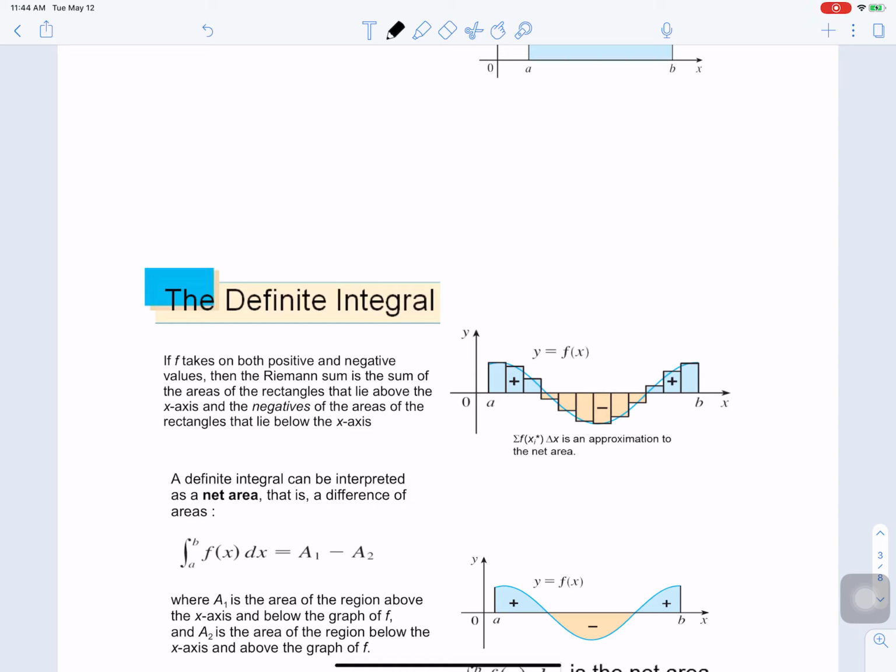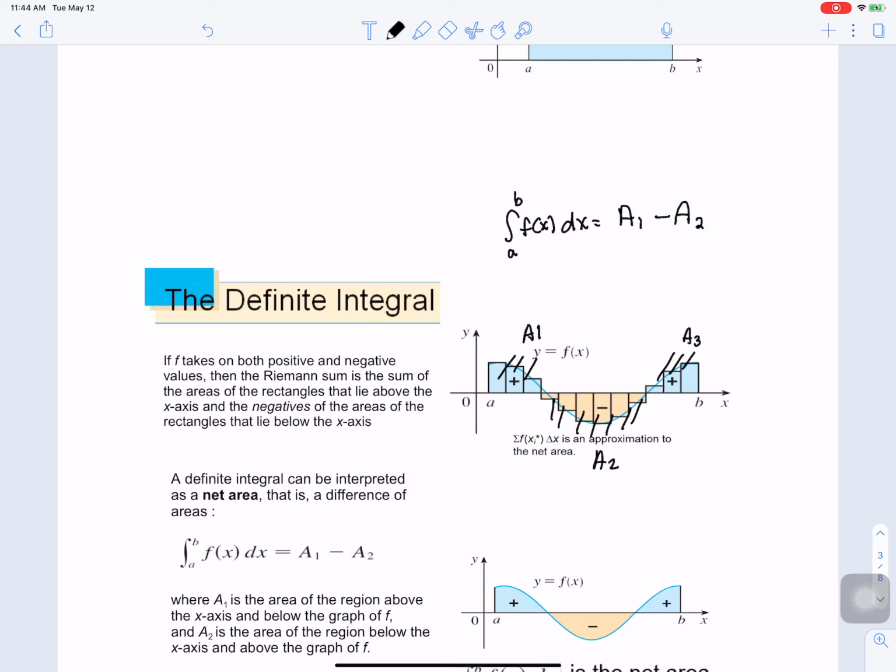So what I would do is, if I call these three pieces area 1, and I call these pieces area 2, and I call these pieces area 3, when I do the definite integral from A to B, I'm doing A1, which is a positive area. Now, because this area lies below the x-axis, I need to subtract that area off.